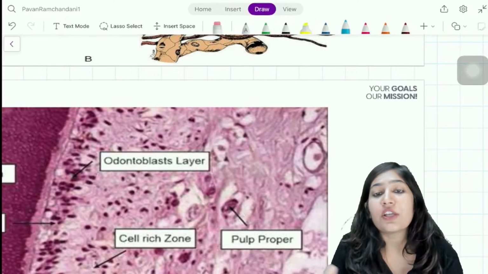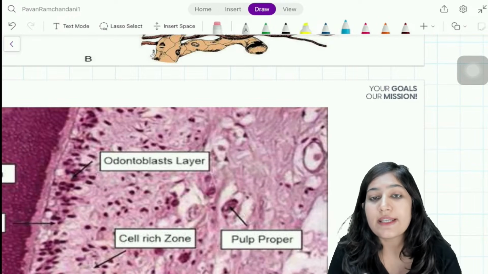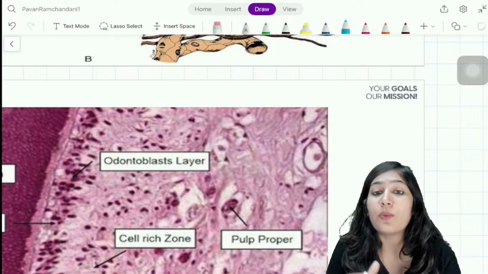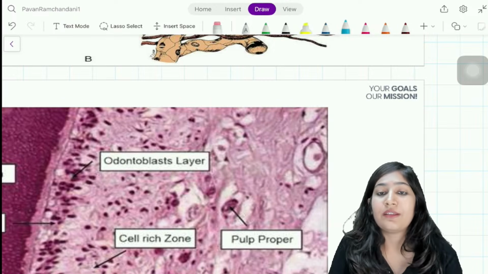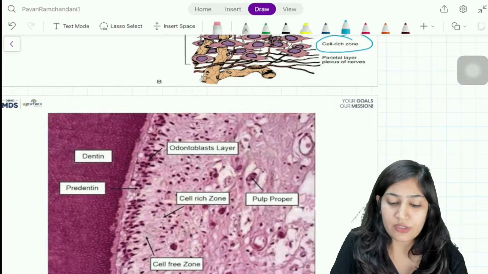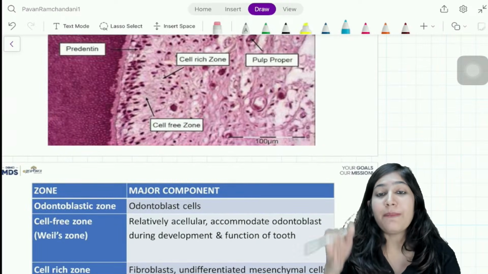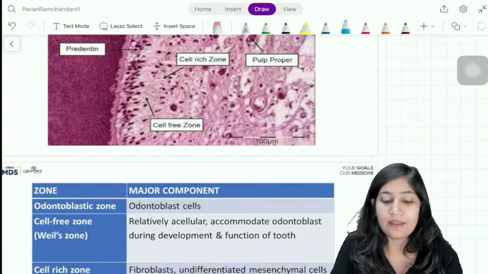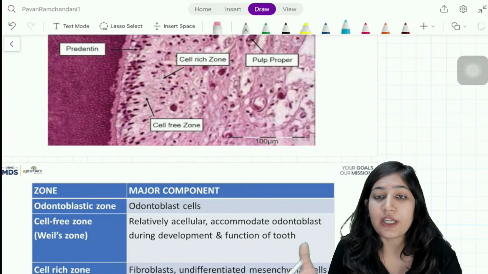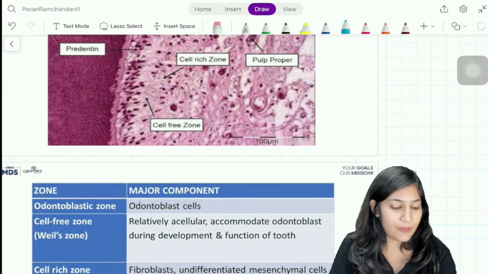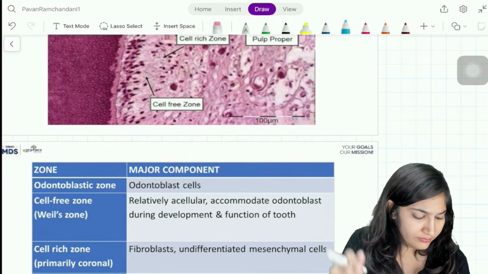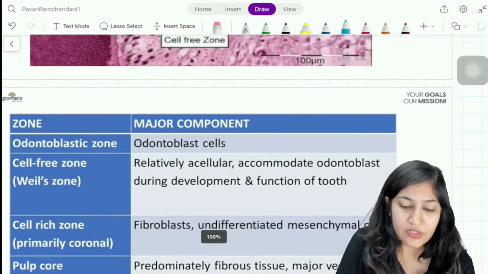What is the function of this cell-free zone? It has no cells. It provides space for accommodation of odontoblasts during the formation of dentin towards the pulp. So they help in movement of odontoblasts.